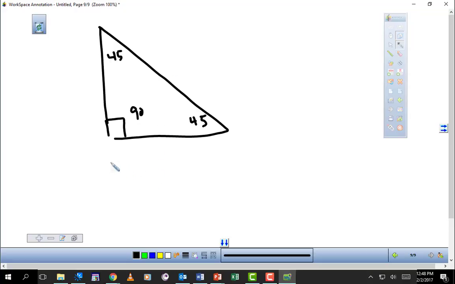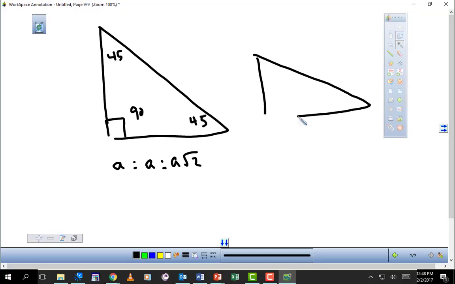This one we can do a, a, a square root 2, right? And we have another special triangle, okay? If this is 30 degrees here, and this is 60 degrees, and that's a right angle there, then I know the ratios for this one. a, a square root 3, and 2a. That's what we were doing on 7.4, right?